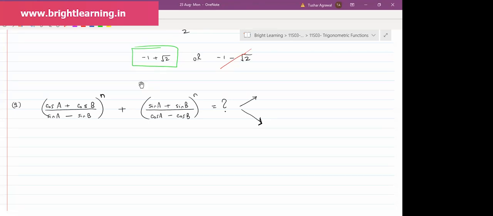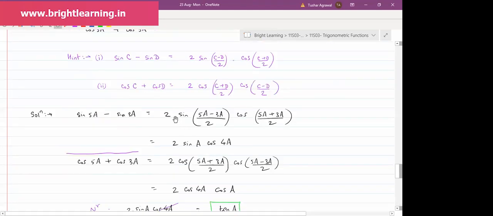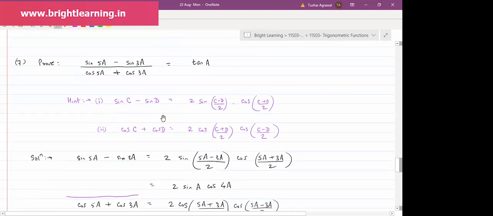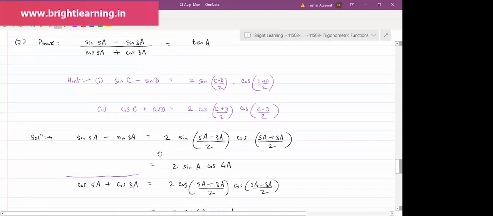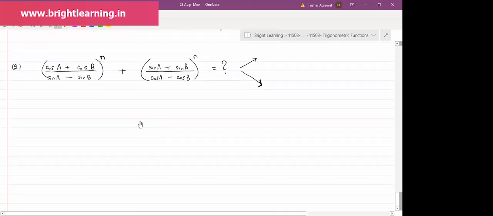Everybody has copied the question. Identity similar to these, yeah, this one: sin C minus sin D, cos C plus cos D. Okay, that's the hint.